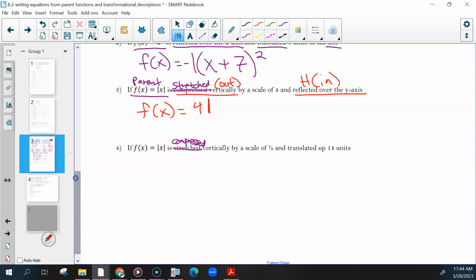Were there any horizontal shifts? No. So the only thing that's going to go in is your x and your reflection, so your negative x. Is there anything else we need to add? No, that's it. So this would be your equation. What questions do we have so far?